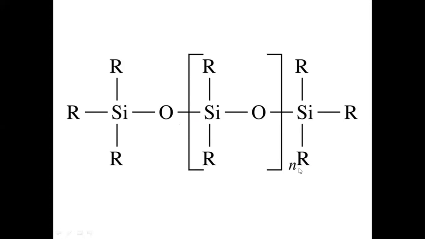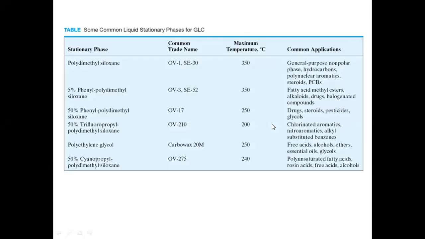We don't know how many silyl moieties are present there, so we can simply write n, where R may be any alkyl group or alkyloxy group, any cyano group or carbonyl substituted group or hydroxy substituted group, whatever it is. If you do so, the stationary phases can be converted into several types.